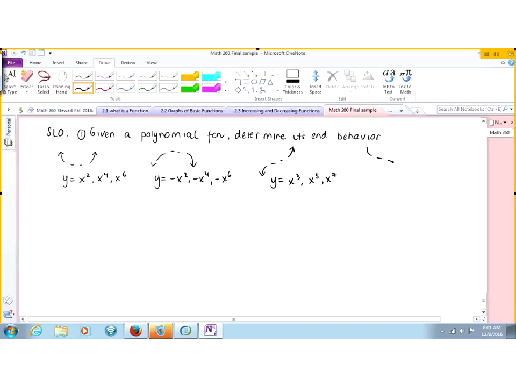And the other one? Yes. Y equals negative x cubed, or negative x to the 5th, negative x to the 7th. So it's based on your leading coefficient. So if I just give you f of x is negative 3 x to the 4th plus 3x plus 7, which of the end behavior would work and why?